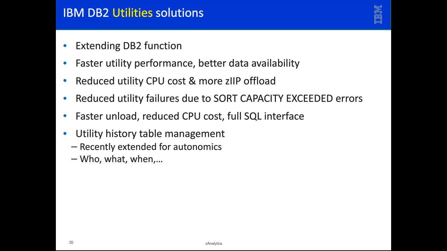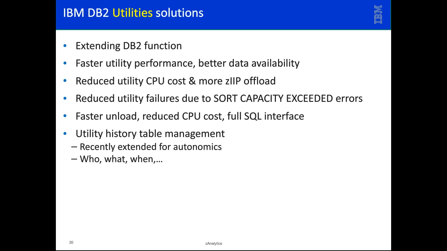A faster unload using High Performance Unload to help you reduce CPU cost and to also help you with a full SQL interface. By this I mean if you want to do complex joins with High Performance Unload, that's available to you today. History table management, again, if you want to extend the autonomics, we now provide you with the ability to record utility history, which you can go and mine. And we use that to actually size and determine maintenance windows and so on, which you'll see in the next slide. Let's go to the next slide.